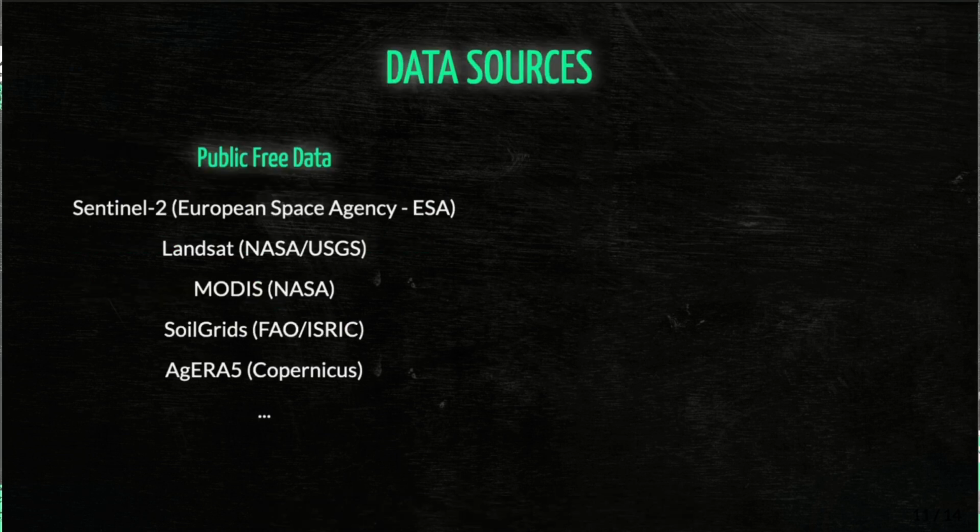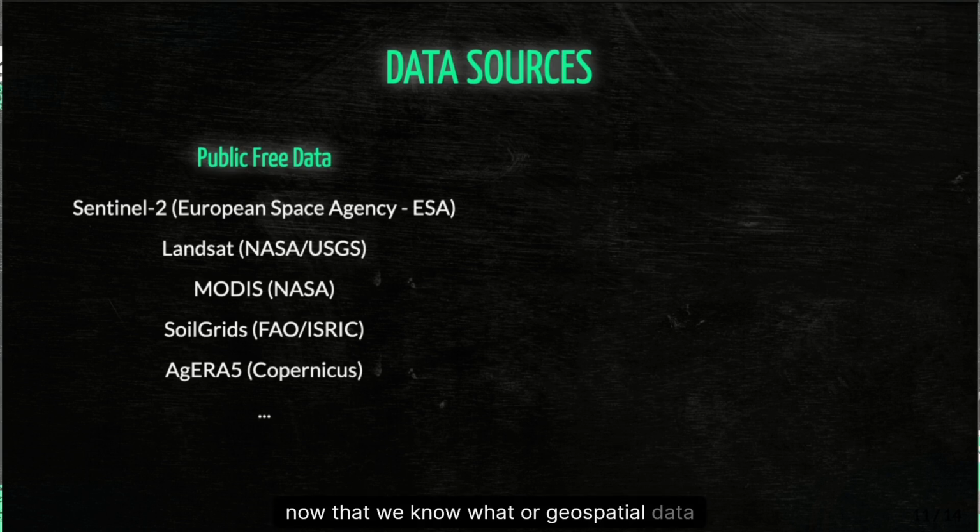So now that we know what geospatial data is and why it is important to consider in agriculture, let's look at where we can find those data. We have two general categories: free public data and private paid data sources.